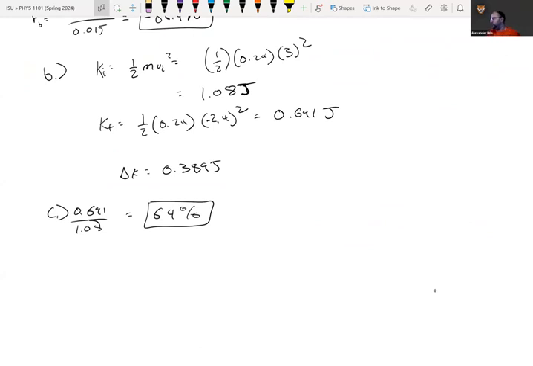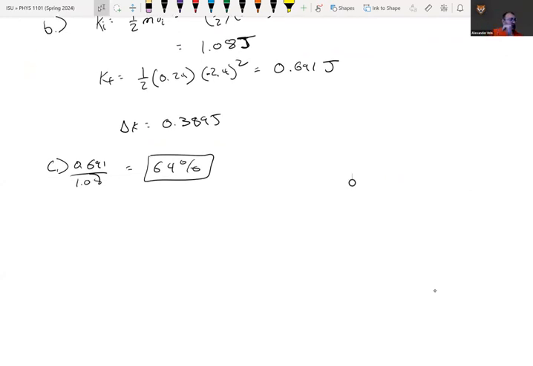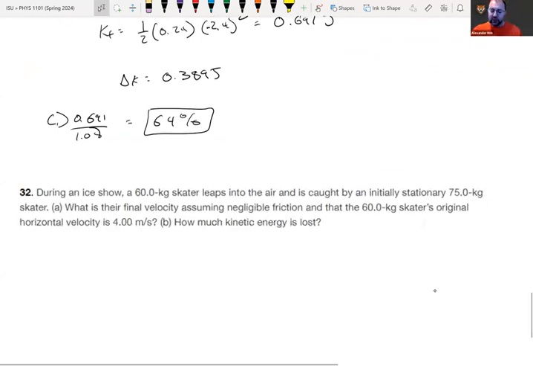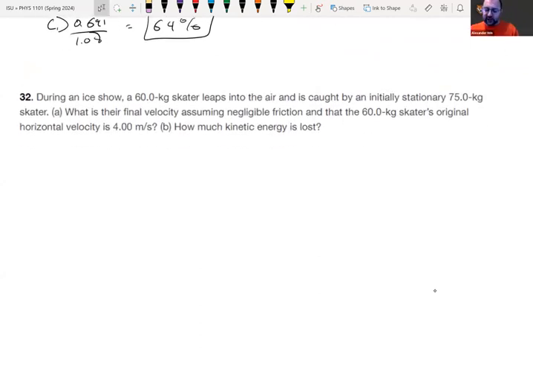Tell you what, let's do one more. During an ice show, a 60 kilogram skater leaps into the air and is caught by an initially stationary skater, 75 kilograms.